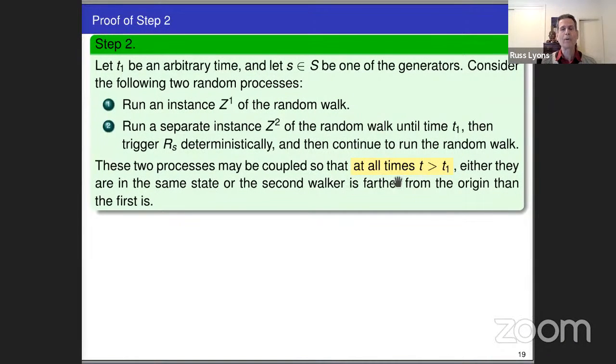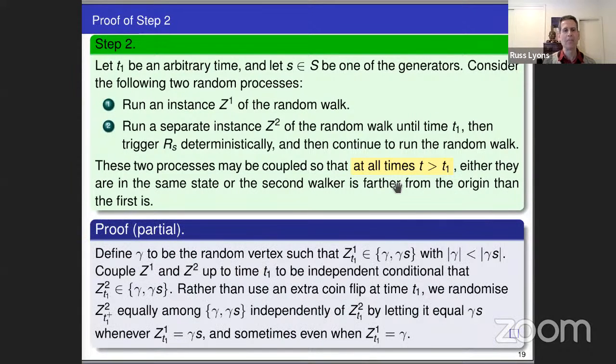Now step two, where we want to make something happen for all times after time T1, where you have this extra refresh ring. I don't have time to give the whole proof, but this gives you the main idea. Let's look at this first walk, which is unchanged at time t1.